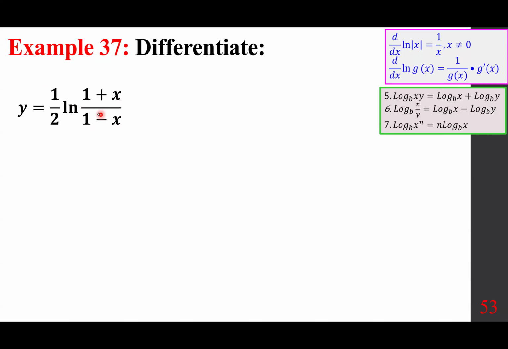It becomes messy, and normally students don't come up with the correct answer. So what is the best course of action? Very simple. All you have to do is decompose this part, and to do so, you use number 6, the quotient rule. So 1/2 remains, ln of the top, 1 plus x, minus ln of the bottom, 1 minus x. So that's your first step, everybody.